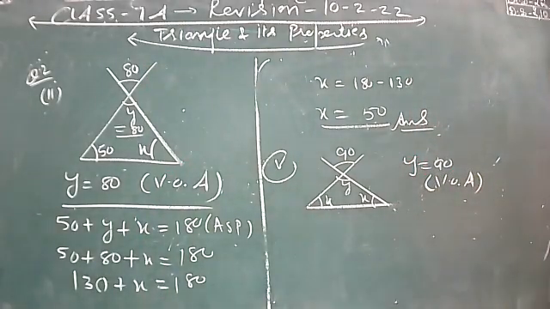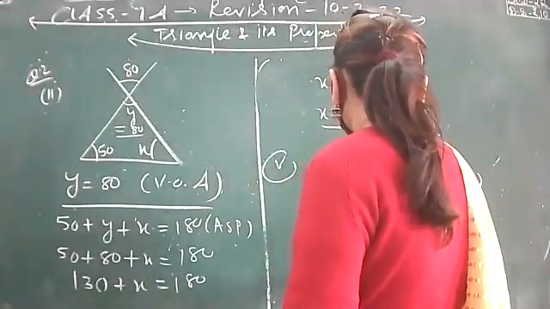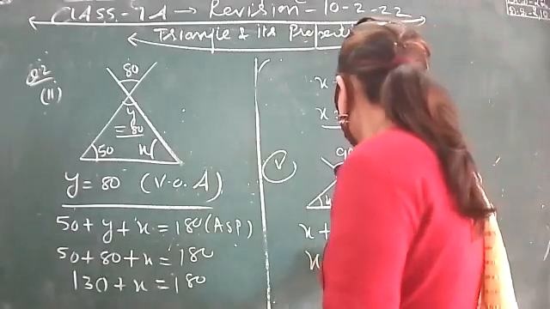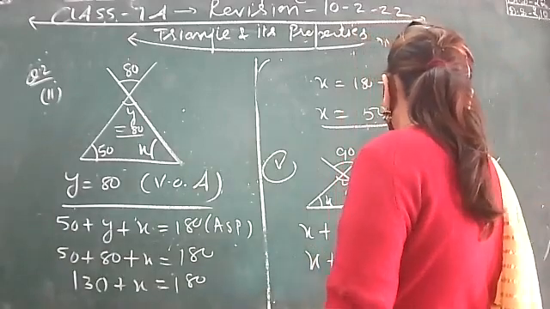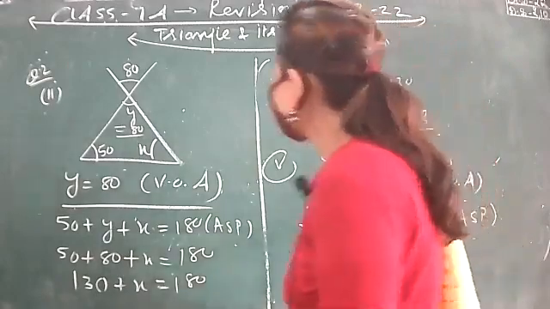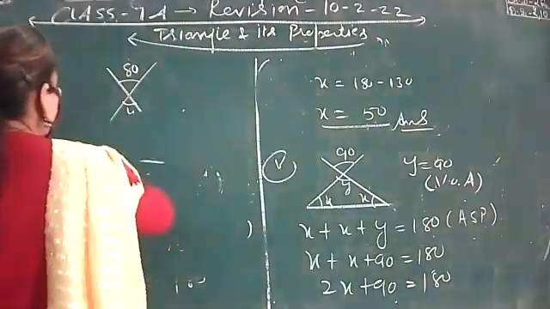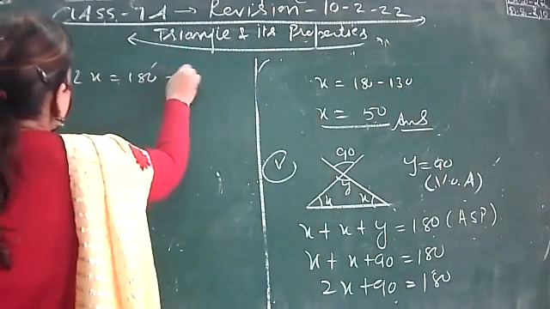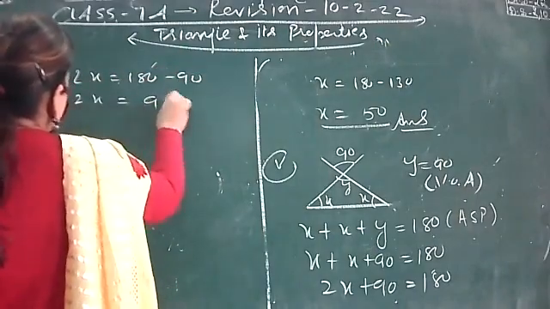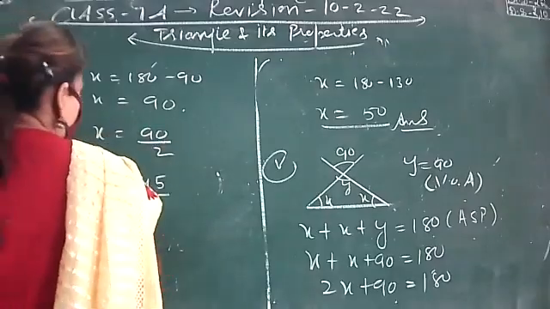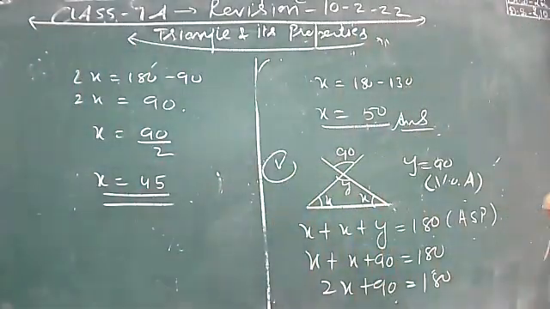And now we can find x by using angle sum property. You have got y as 90. Two x is equal to 180 minus 90. X is 90 upon 2. Value of x is 45.